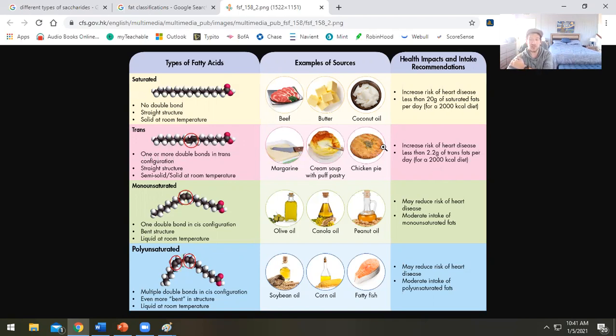You really do not want to have any of this in your diet if you can avoid it. You want to have as little trans fat as possible. Not only does it increase your risk for heart disease, but it is also a very poor source of energy.